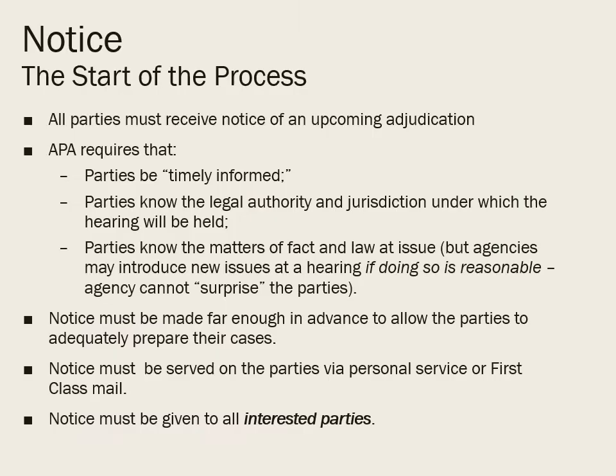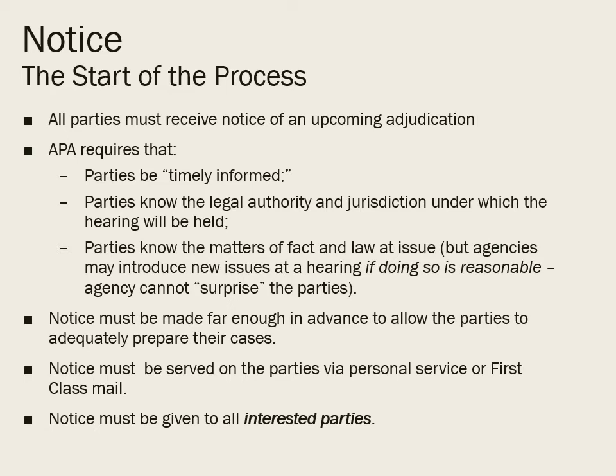Now, regardless of which agency tribunal is hearing the case, all of these hearings begin with providing notice to the parties. All parties that are involved in the adjudication have to receive notice of the upcoming hearing. Additionally, interested parties are also entitled to notice.